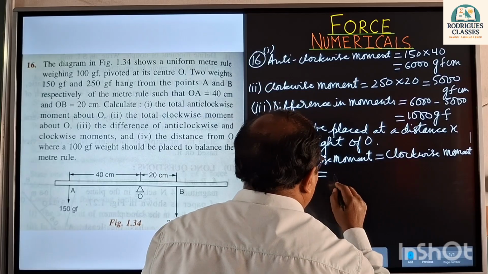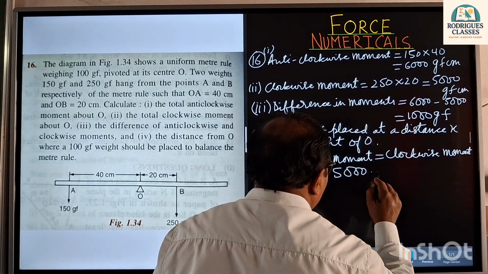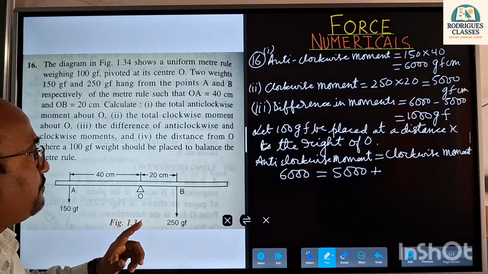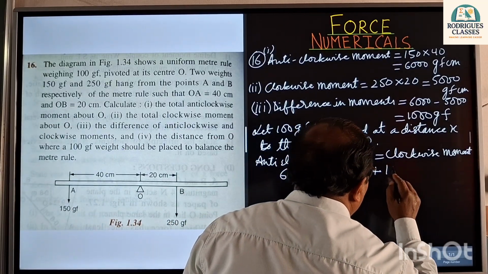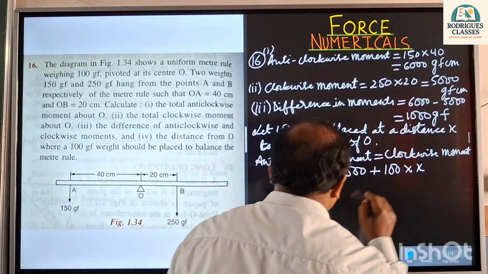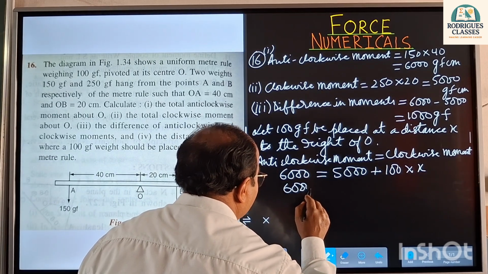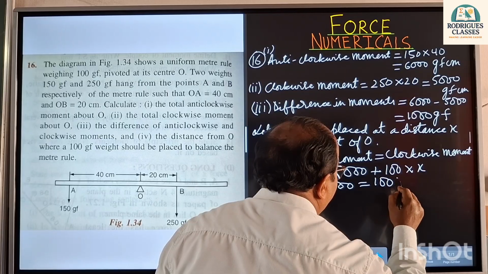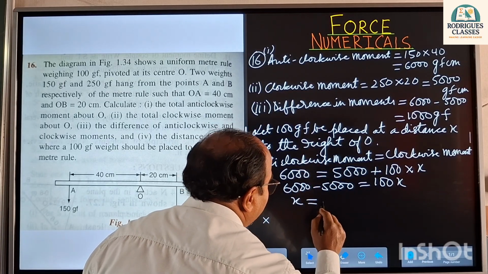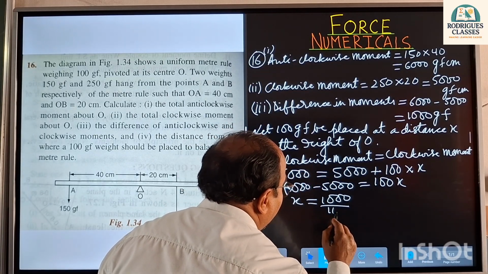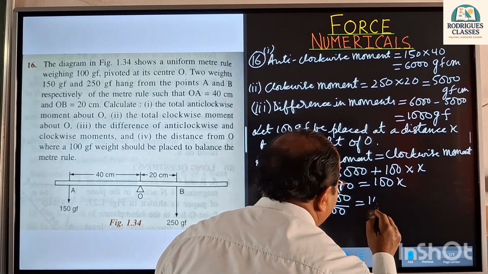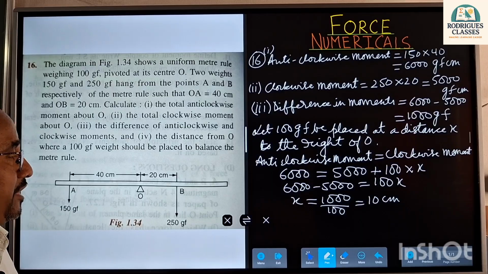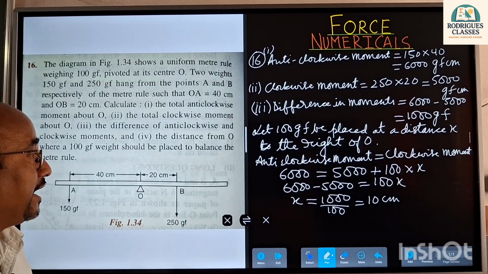Clockwise already had 5,000, plus another one has come here at a distance x which is of 100 GF. Okay, so I will write here 100 into x. So I get 6,000 minus 5,000 equals 100x. So x will be equal to 1000 by 100, which gives us 10. So 10 centimeter comes there. It means it should be placed 10 centimeter to the right of O.